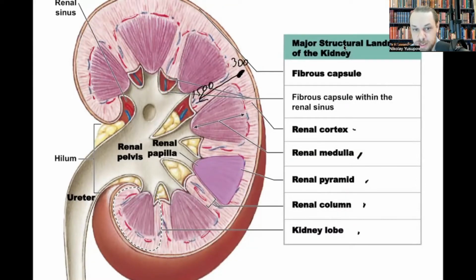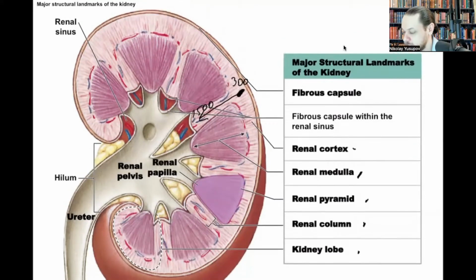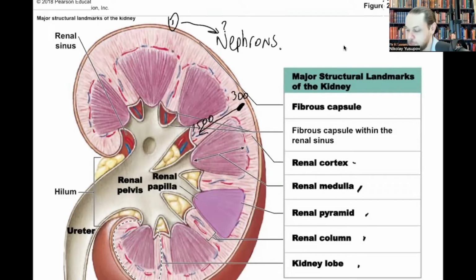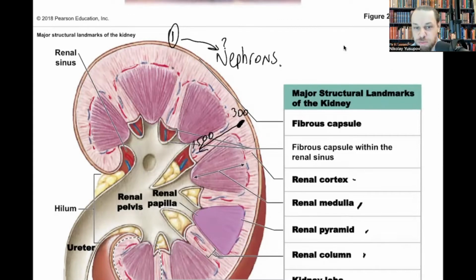The other important thing here is that your kidneys have functional units called nephrons. Let's see if someone can tell me: we have two kidneys, but for every kidney, how many nephrons, which is one functional unit of the kidneys, do you think each kidney has approximately?